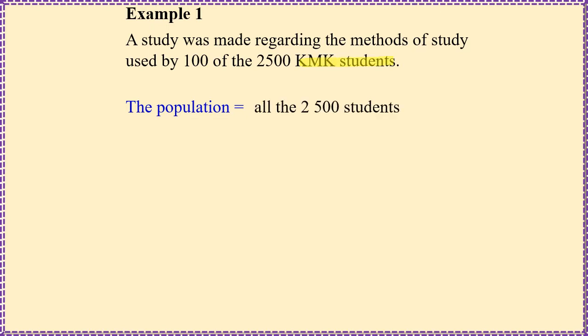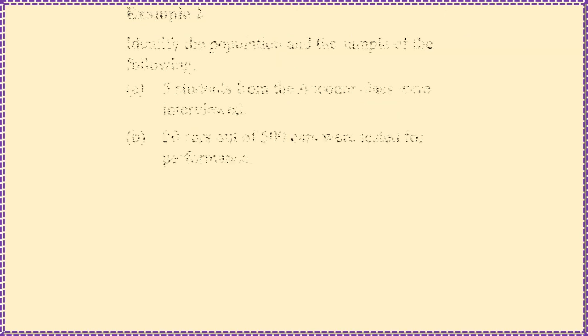But for the sample, because we are doing the study of 100 KMK students only, we are not taking interviews from all the KMK students, but only the 100 students. So that is the sample.